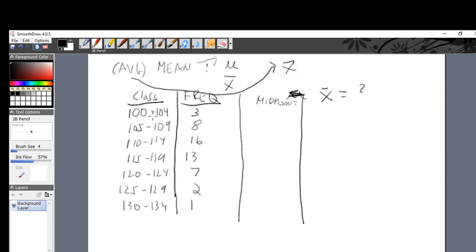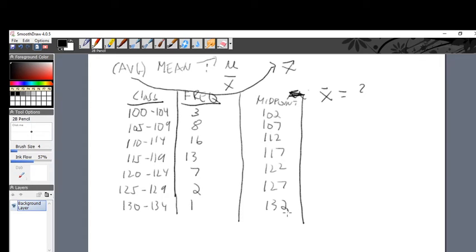The midpoint of 100 to 104 is 102. 105 to 109, 107. 110 to 114, 112. You can see it's in the middle. 115 to 119, 117. 120 to 124, 122. 125 to 129, 127. 130 to 134, 132. There are our midpoints.